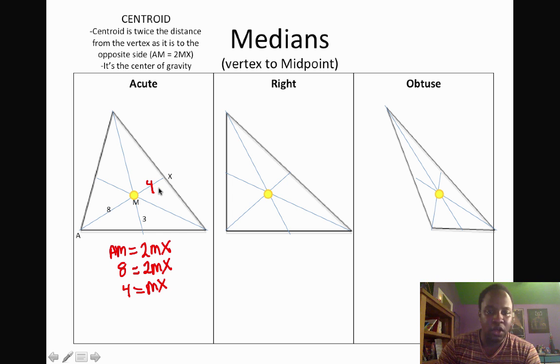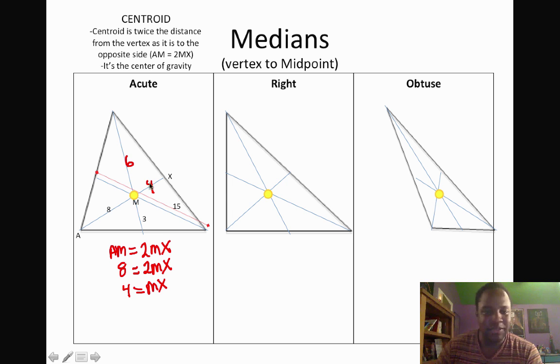Let's say we know the length of this segment is 3. Well, since this has to be half as long as this length, we know that this length would be 6. And then also, let's say we know that the length of the median is 15.